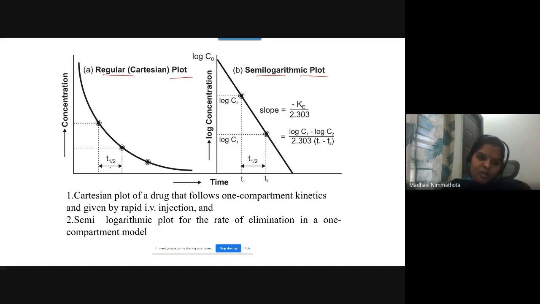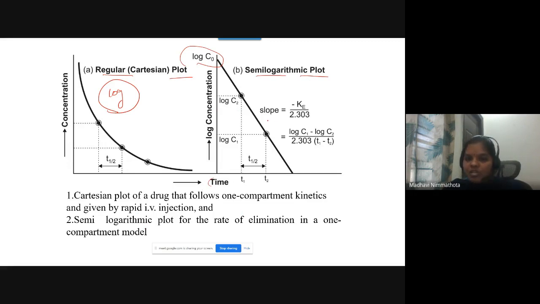When you plot time versus concentration, this is a normal graph. Here you are unable to find the logarithmic values, but by using the semi-logarithmic graph, you can find the log values. This is the semi-logarithmic plot of the rate of elimination in a one compartment open model.